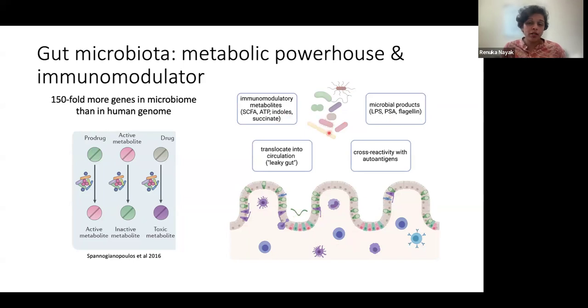These microbes may also produce proteins that mimic our own proteins. And so a normal immune response targeting microbes may then result in cross-reactivity with autoantigens. And that's one of the ways that microbes may contribute to autoimmunity. Or microbes may translocate into the circulation and cause immune phenomena in distal sites.